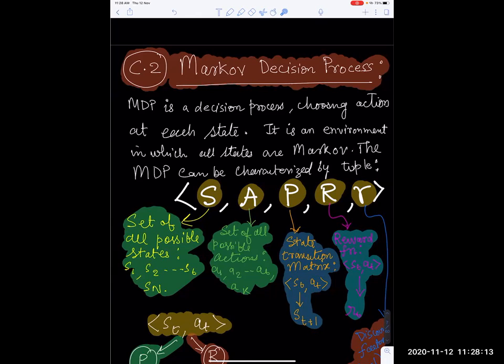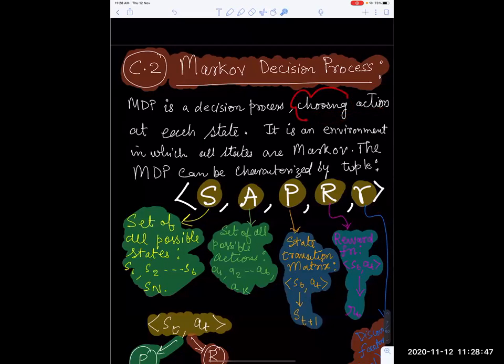So from Markov property, we are moving towards Markov decision processes, which means that at each state, you are not only going to the next state, but you have a choice of making some action. And once you have a choice of making some action, then it actually starts to talk about the decision.